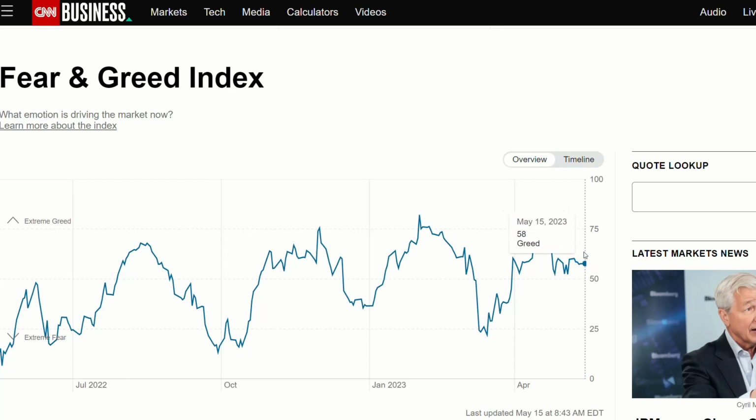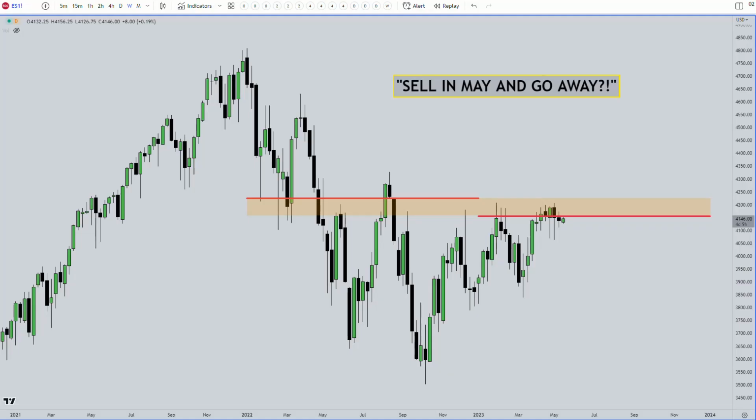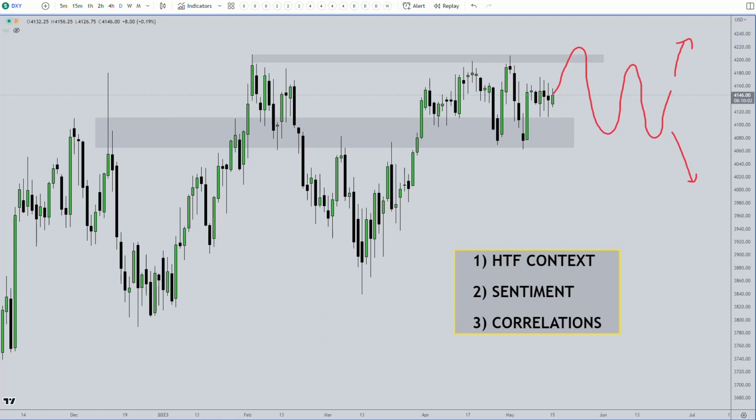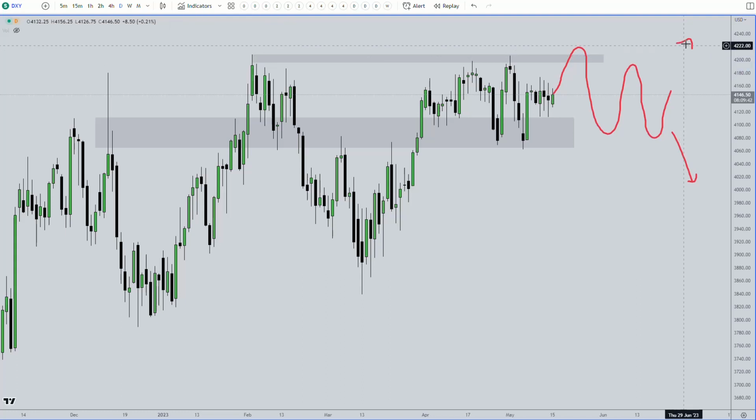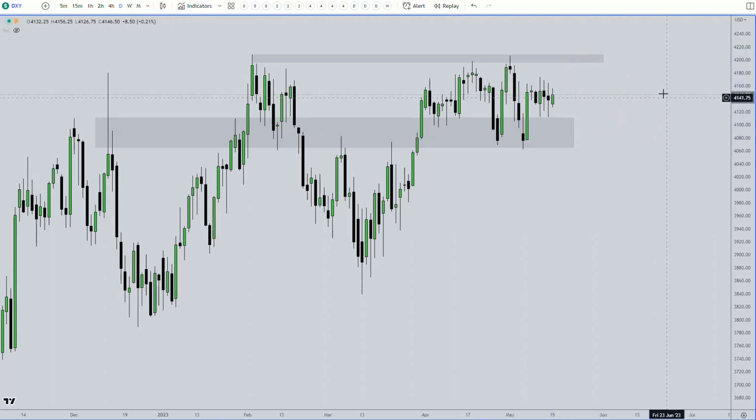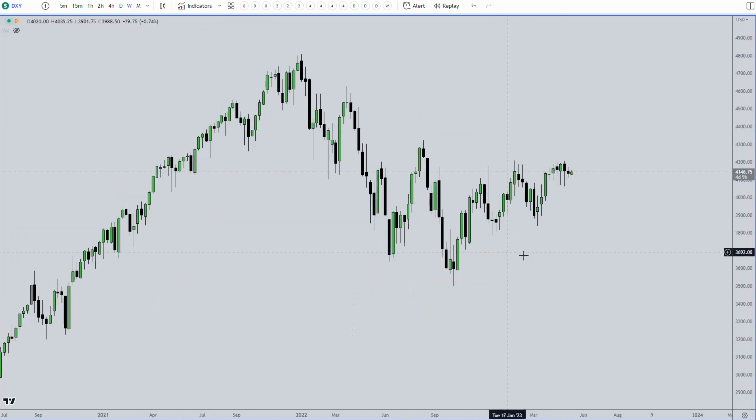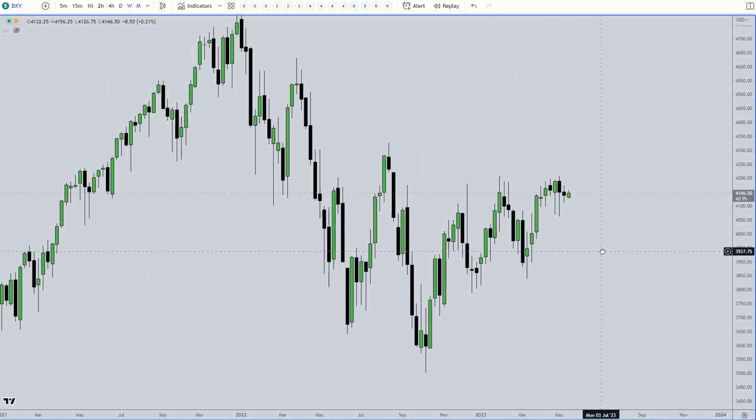Ideally, I'd like this indicator to go into the extreme greed area, which we haven't tagged yet, but nonetheless, taking all of this together and remembering that on the weekly time frame, we said we are witnessing at the moment a weekly market structure shift at minimum, we want to be rather cautious, obviously, with respect to longing, and we should definitely rather focus on shorts this week and over the next coming weeks actually.